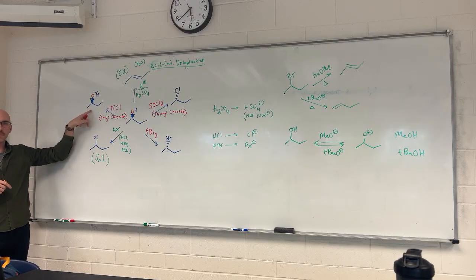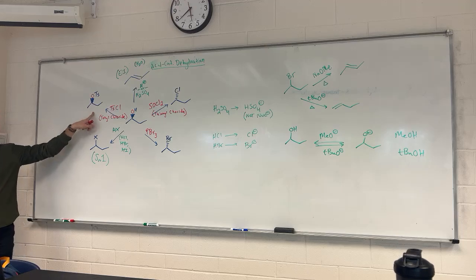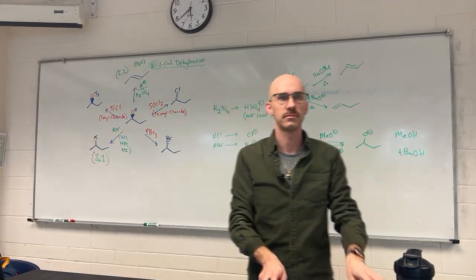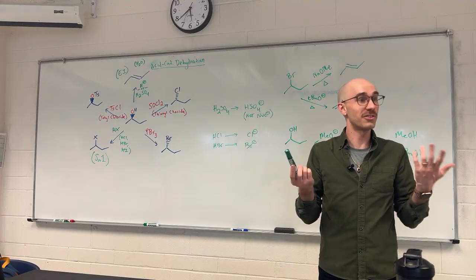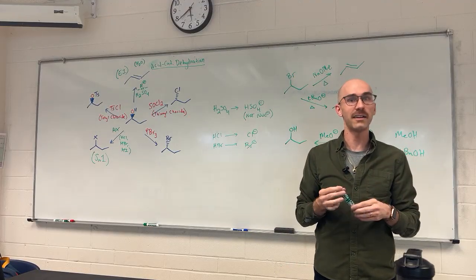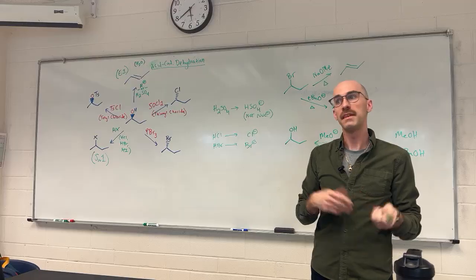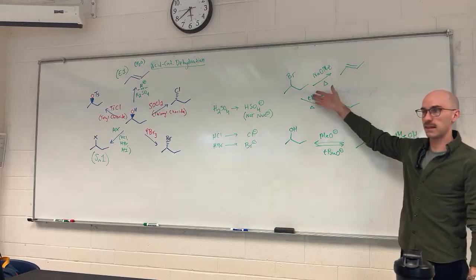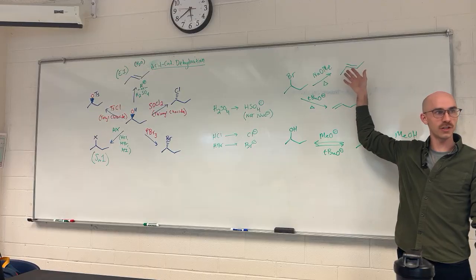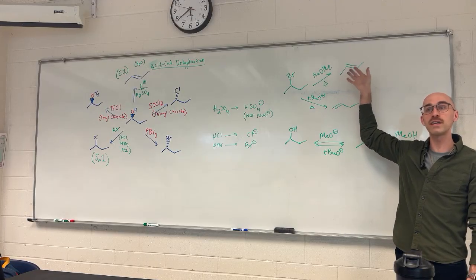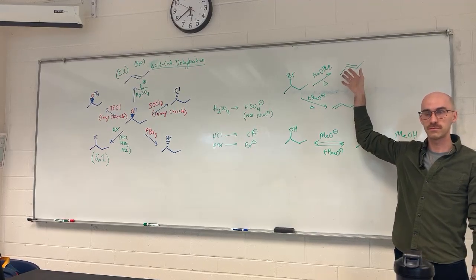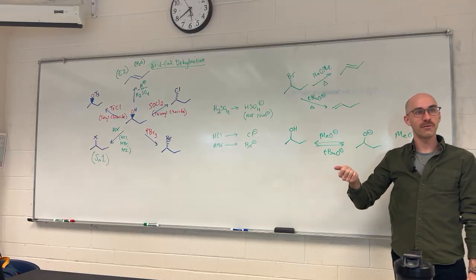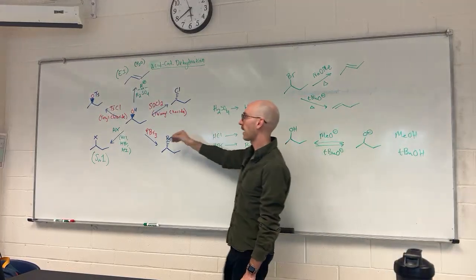And do you guys remember the way I told you to think about this tosylate group? It's a pseudohalogen. Think of it like a halogen. Now that I've made this halogen, I can do different types of elimination with it and it gives me more regio control. But there's a stereochemistry impact.